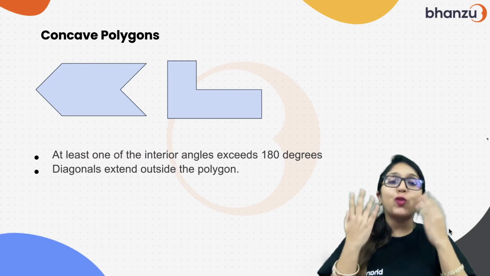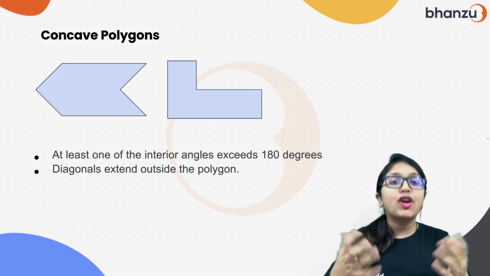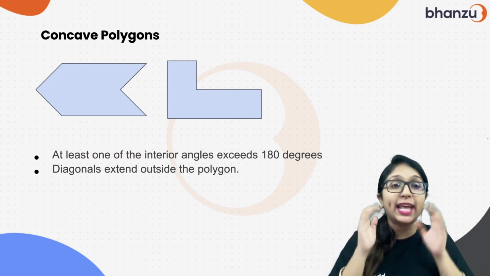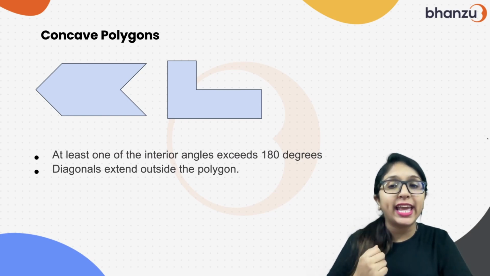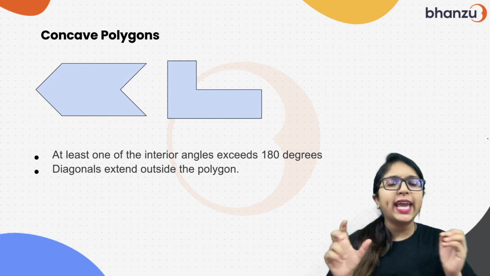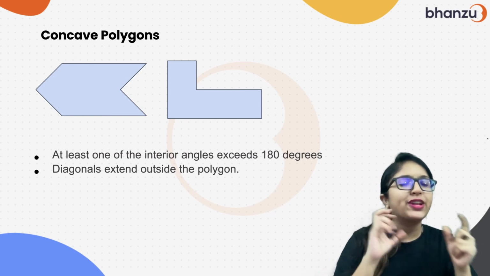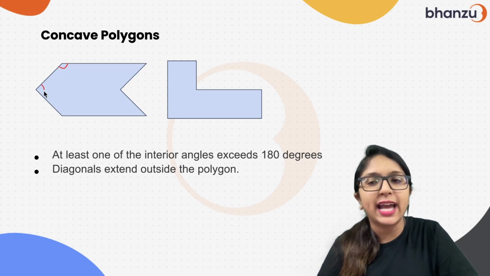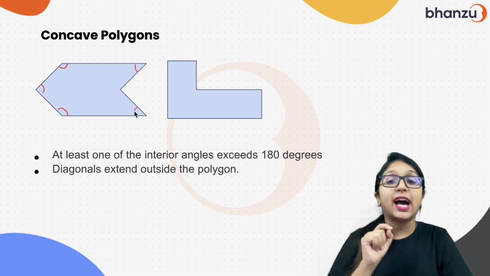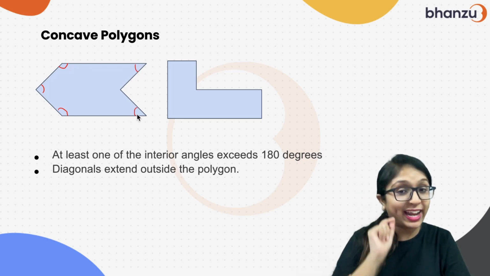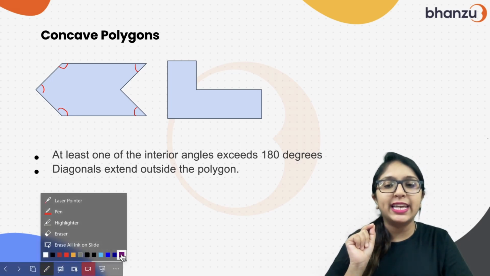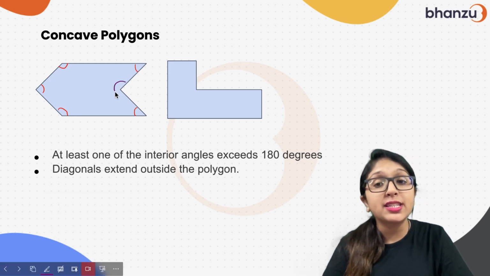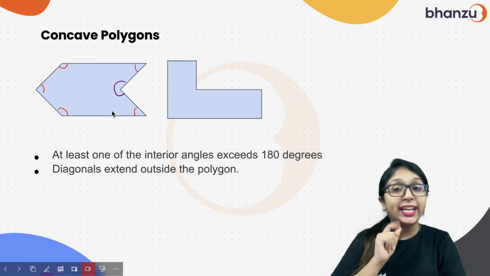Okay? So what are concave polygons? The polygon made up of line segments first of all. And then if we actually look at their angles, now if I observe all the angles, do you find any difference in these angles? Here I can see that this angle, this angle, this angle, or this angle, all of these are less than 180 degrees, right? But if I see this angle, this is exceeding 180 degrees, isn't it?